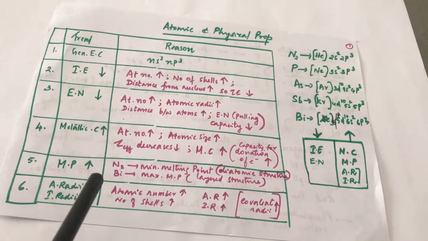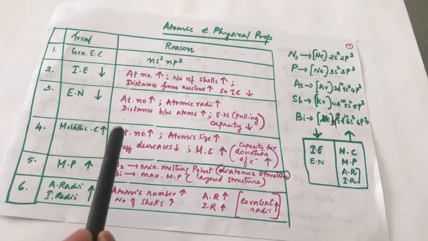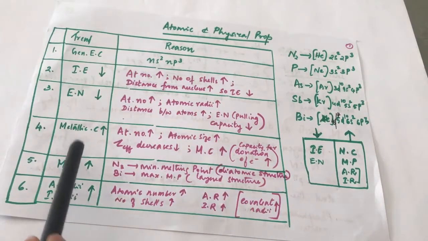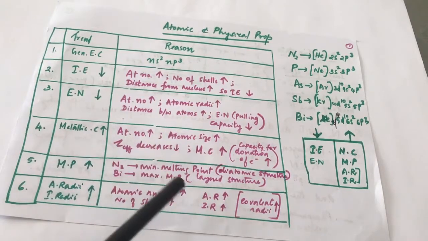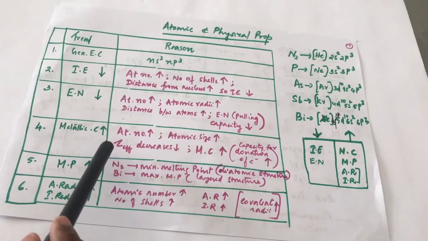As it is, I have forgotten the video about metallic character and melting point and atomic radii, ionic radii, etc. It was already done, but then it was not found along with the uploaded videos. So I am making it separately.